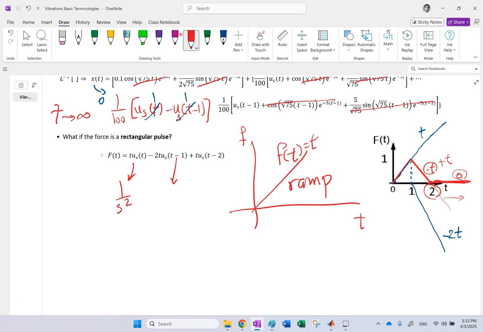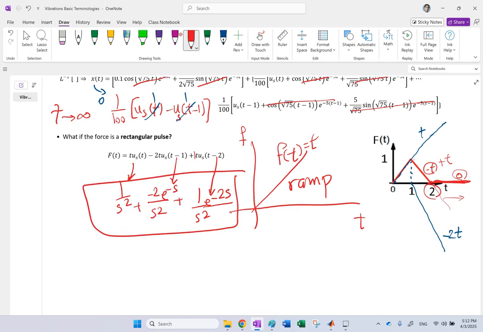For this one, it is going to be negative 2 over s squared, but there is a delay, so it's going to be e to the negative s. And for this one, it is going to be 1 over s squared again, because the coefficient is 1, but there is a delay, so times e to the negative 2s. So this is the Laplace of this forcing function.